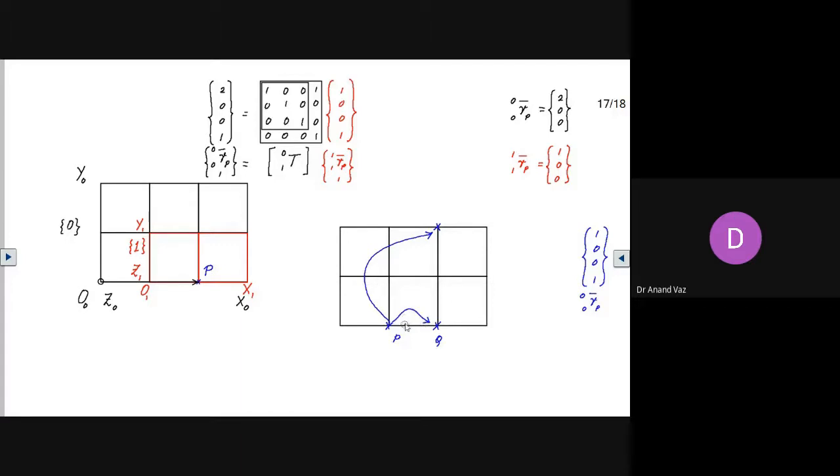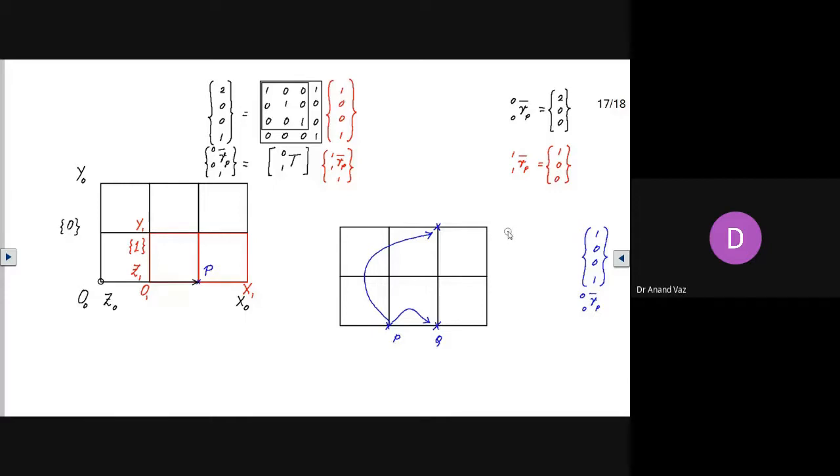So how do we do that? We just bring in the matrix.